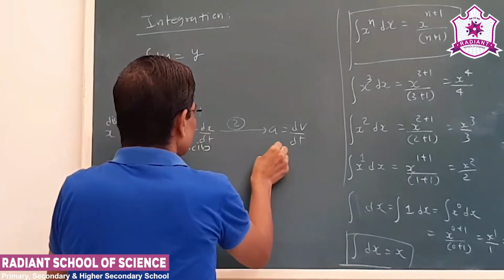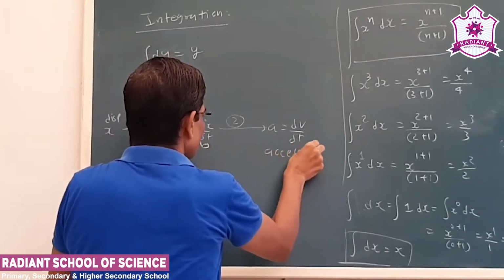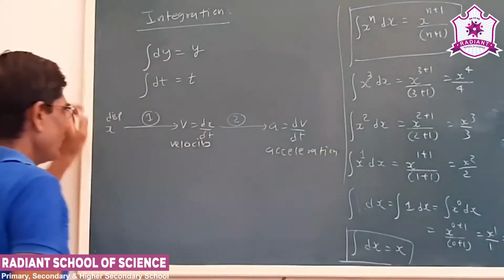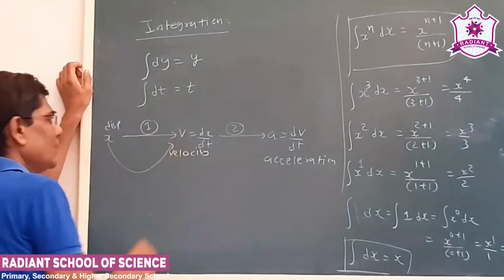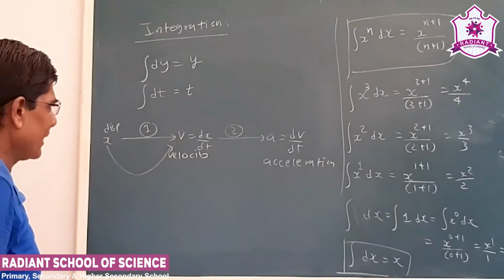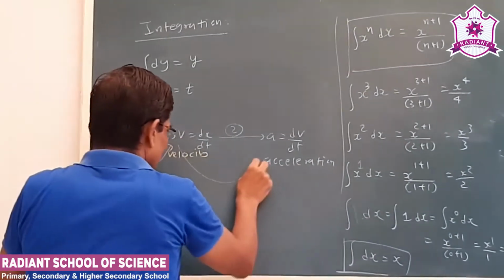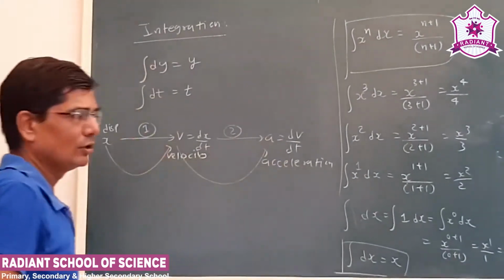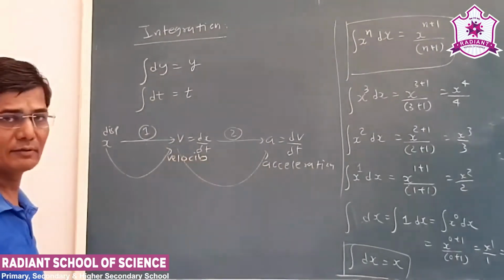So the first derivative of displacement with respect to time gives the velocity, and the second derivative of displacement with respect to time gives the acceleration.